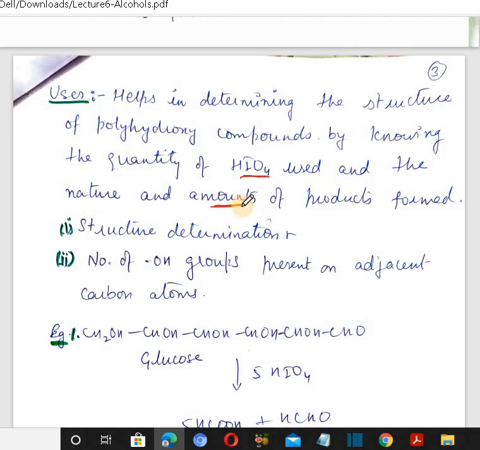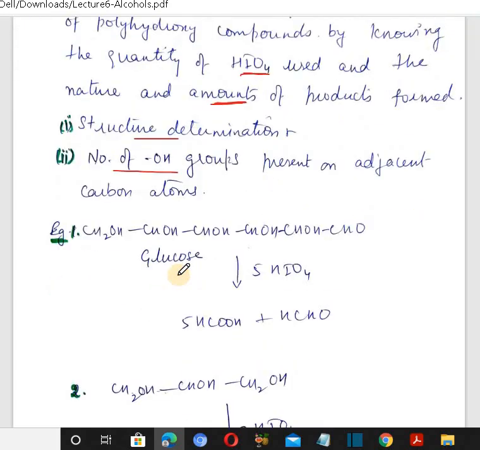These give indirectly the number of OH groups present on the starting reactant, that is it helps in structure determination and it tells the number of OH groups present on adjacent carbon atoms. Only adjacent carbon atoms can be known by these two reagents.